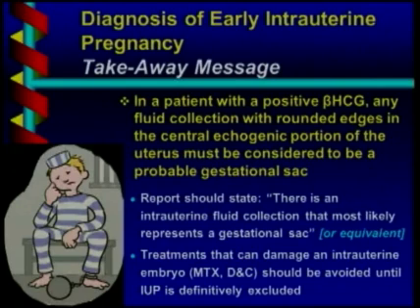Most importantly, whenever you see those nonspecific fluid collections, treatments that damage an intrauterine pregnancy, such as methotrexate or D&C, should be avoided until intrauterine pregnancy is definitively excluded. If you don't follow these rules, then you can cause damage and get into legal trouble, like this poor fellow on the left side of the screen.